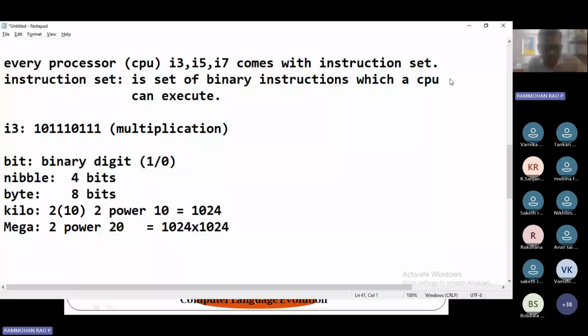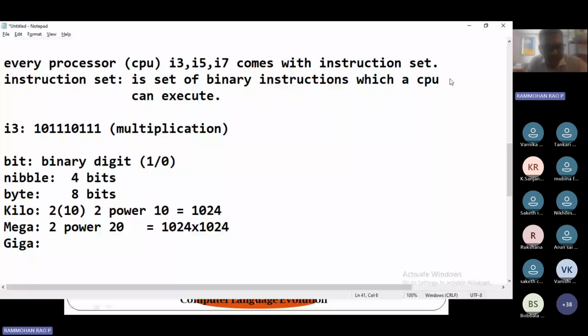Then comes kilo, mega, giga. These words you might have heard: 4 GB RAM, 8 GB RAM. That G means giga, M means mega, K means kilo.